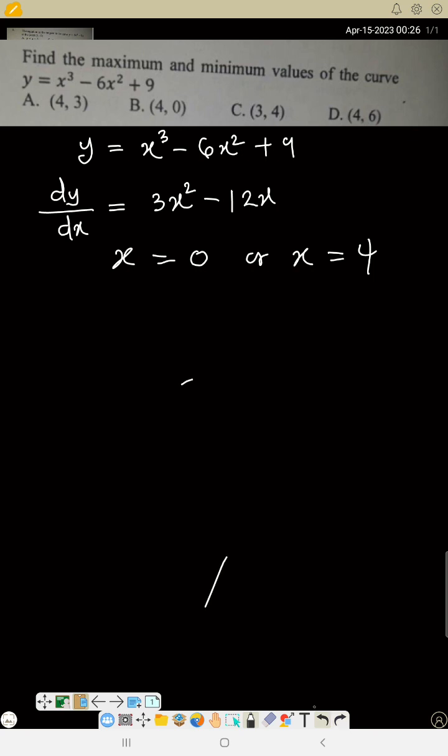So now differentiate this again to know which of these two is minimum and which one is maximum. So now d squared y over dx squared will be 6x minus 12.